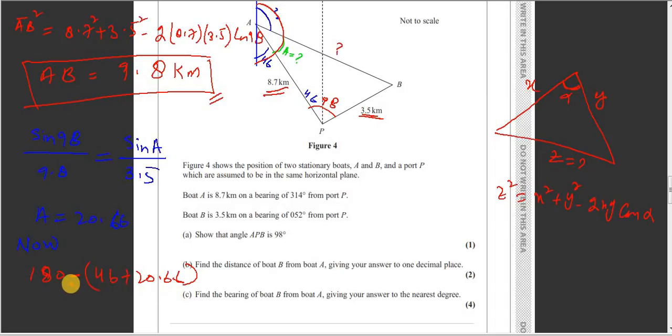When you subtract these two numbers from 180, you have 113 degrees. This is the bearing of B from boat A.